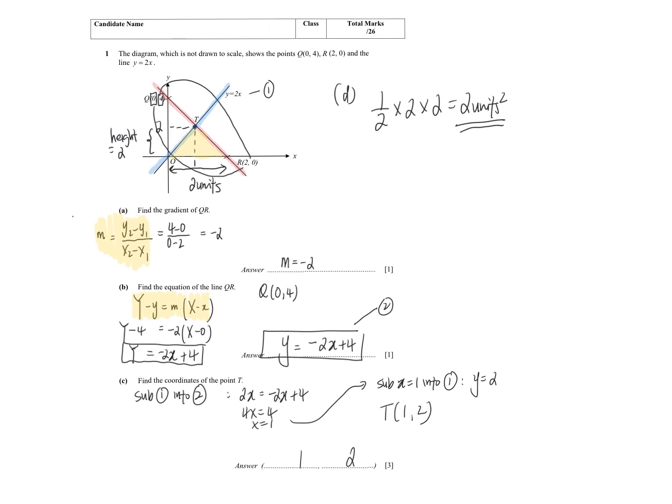Okay, so this is question 1. Let's look at question 2. You should expect that we test you on every single thing from chapter 4. So gradient will have, equation will have, length will have, and then there will be some area somewhere. Make sure you know how to do this, and then you will get a third of the marks.